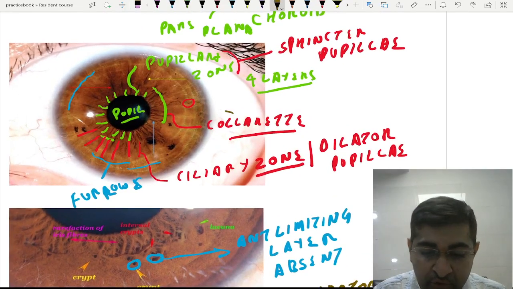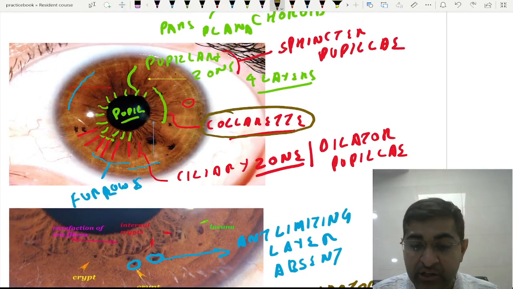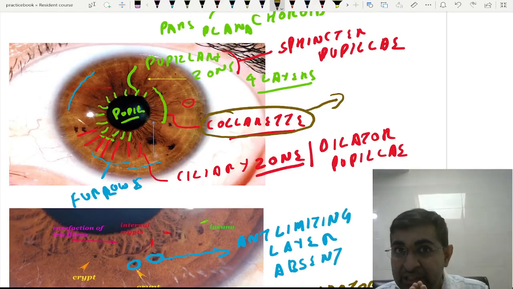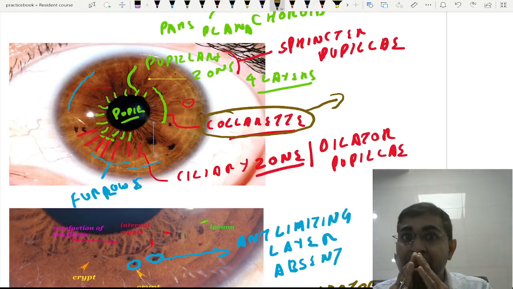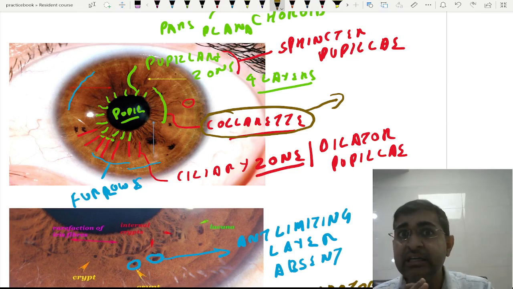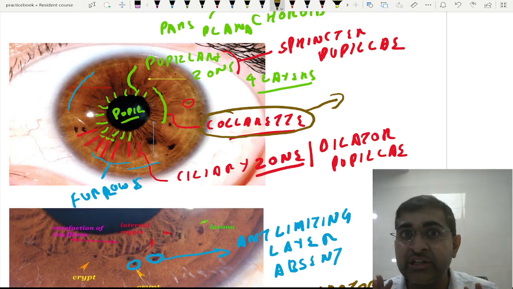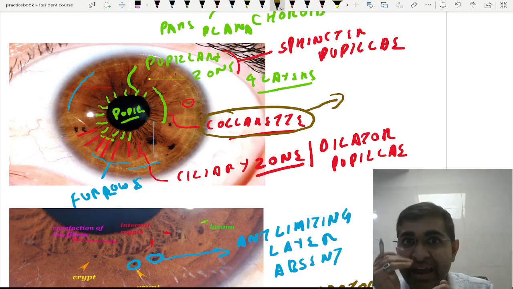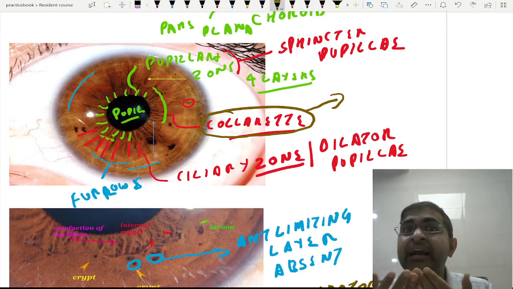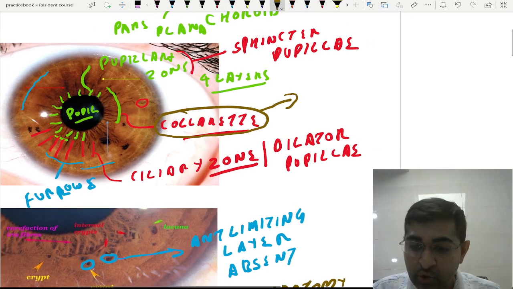Now what is this collarette depicting? Do you know that the developing lens is supplied by three branches of the hyaloid artery? We have the capsulopupillary membrane, the anterior pupillary membrane, and the posterior pupillary membrane.